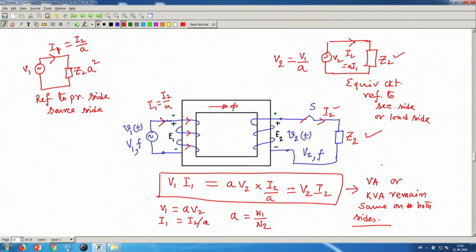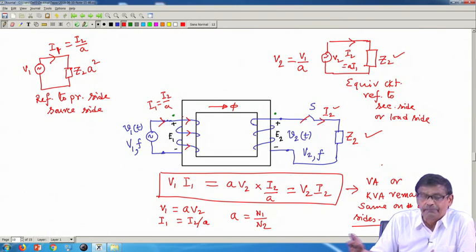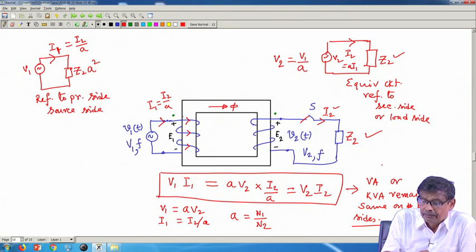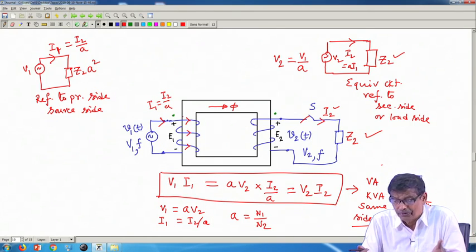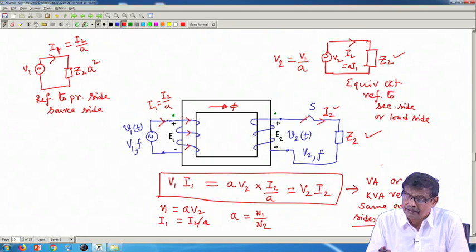A lot of simple problems to illustrate this idea can be solved now. I will do them in the next class, but try to understand the meaning of the equivalent circuit. Apparently there are so many things you have to draw in the actual circuit.